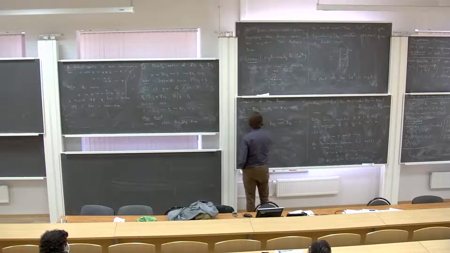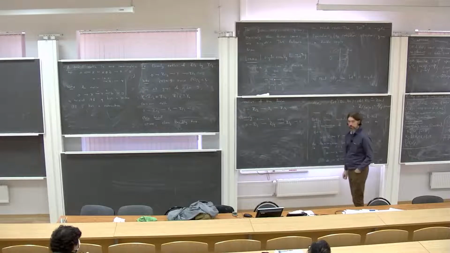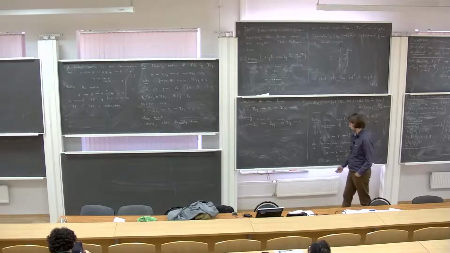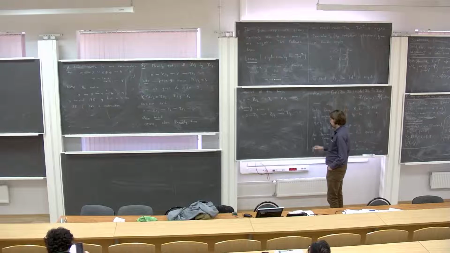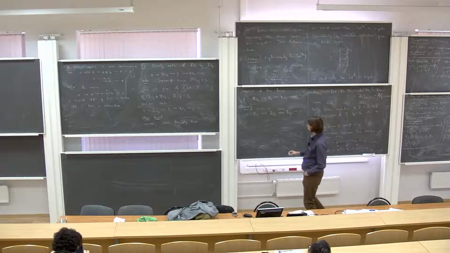So I have an inclusion which sends 1 to 3, like this. Okay. Did I get this correct? Yeah, I got this correct.